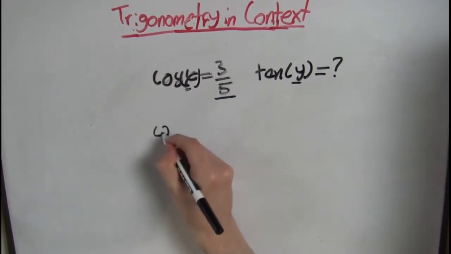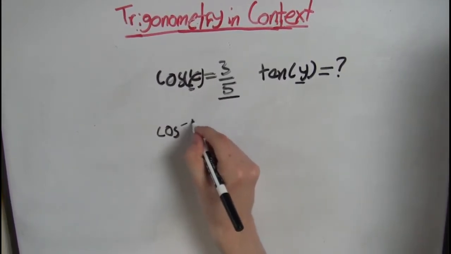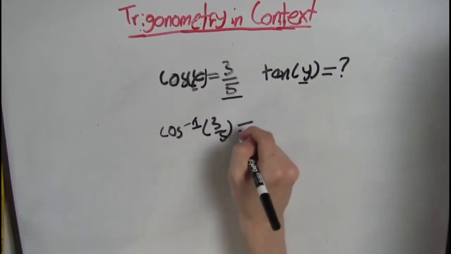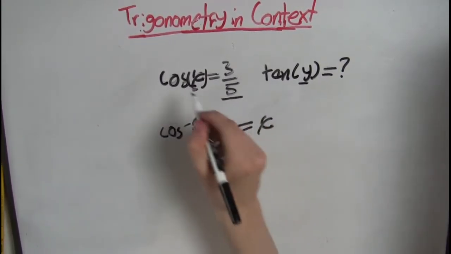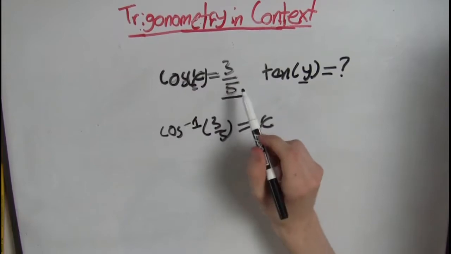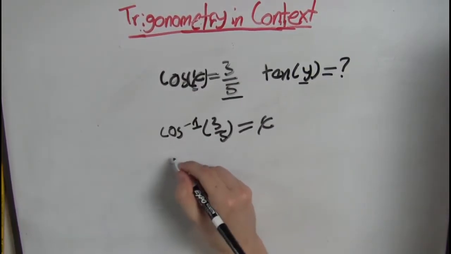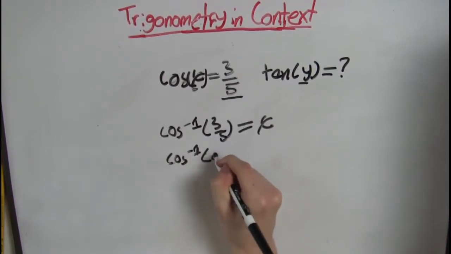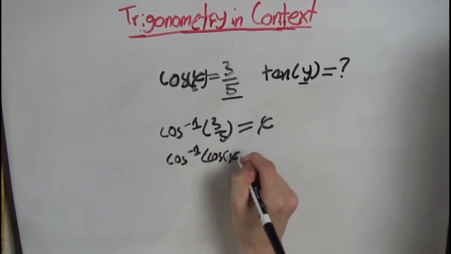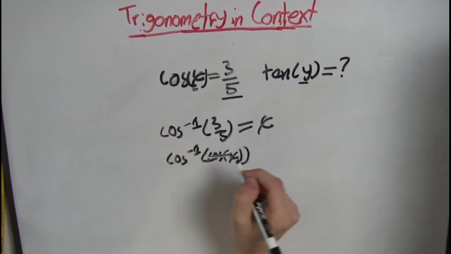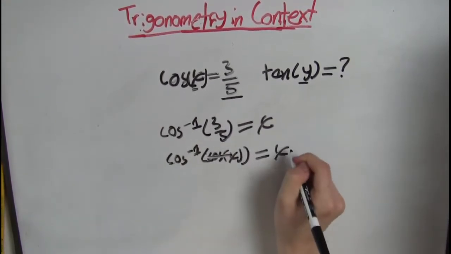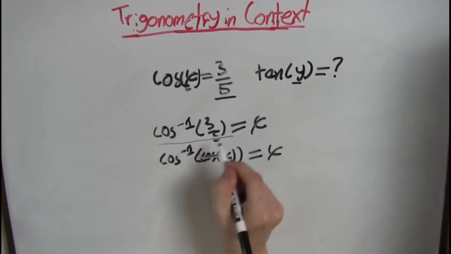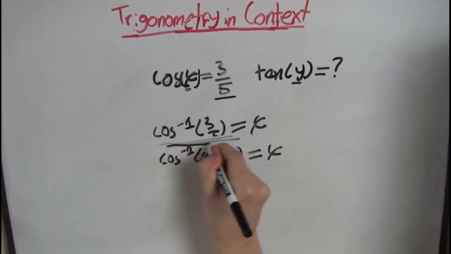So I can take the cosine^-1 of 3/5 and get my x value. Because if I take the cosine^-1 of 3/5, I'm really taking the inverse cosine of the cosine of x, which just cancels out the cosine of x and leaves me with just x. Why is that important? Well, it'll give me this value here.